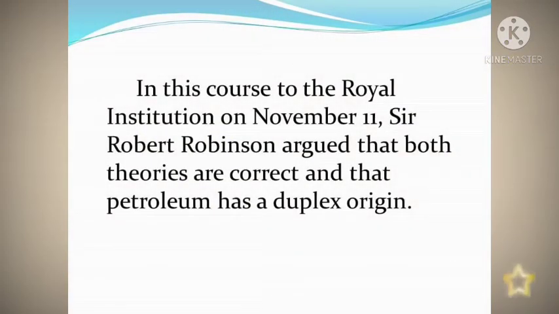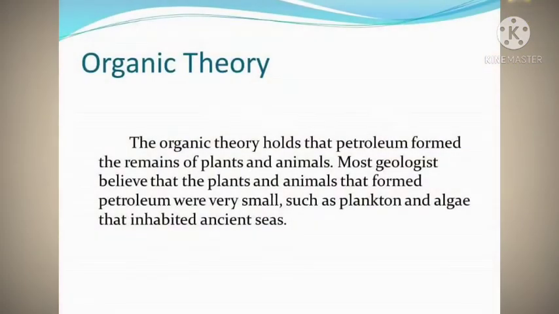In his course to the Royal Institution on November 11, Sir Robert Robinson argued that both theories are correct and that petroleum has a duplex origin. The organic theory holds that petroleum formed from the remains of plants and animals.